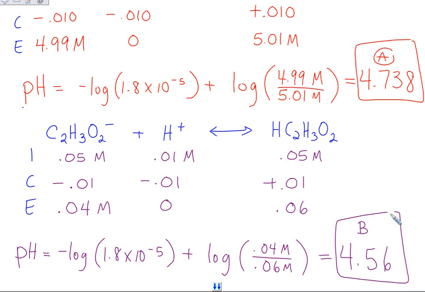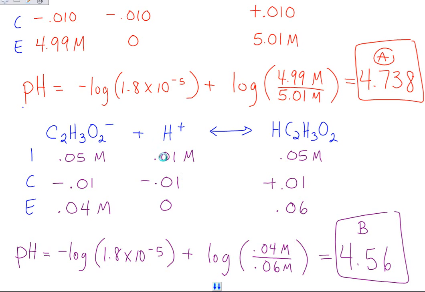If we were to add this acid to water, we would see a significant drop in pH. But this time the pH changed a little bit more with solution B. And you can probably kind of guess why now. When we talk about buffering capacity, we're looking at how much hydrogen or hydroxide can we add until the hydrogen or hydroxide becomes my excess reactant.